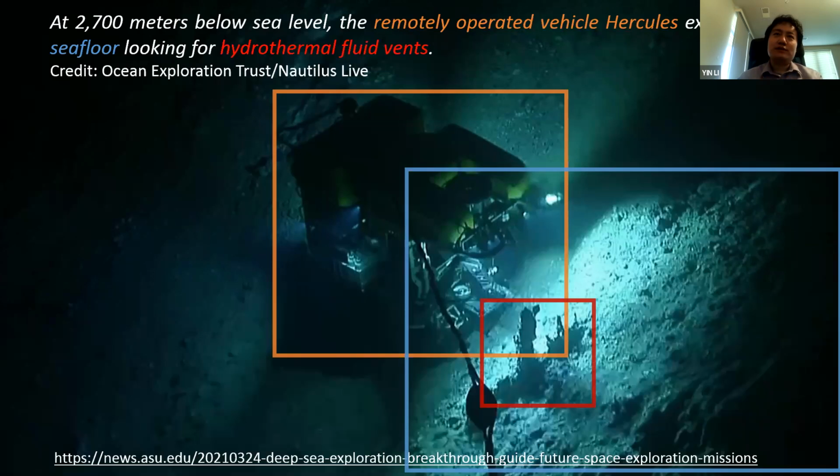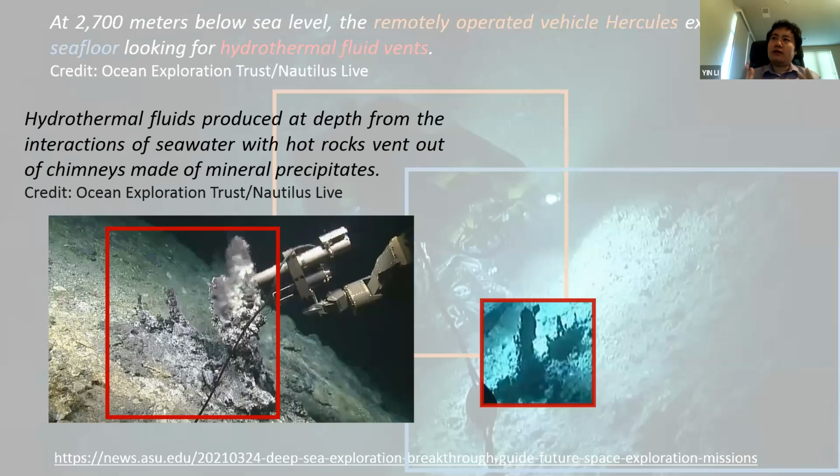Now, on the same web page, there's another image explaining what these hydrothermal fluid vents are. They are like little chimneys, which is amazing, produced by the interaction of the cold seawater and the hot rocks. That forms these weird-shaped rocks, the same thing as shown in the picture here. This is really amazing research done by Arizona State, and I would encourage you to give it a read.